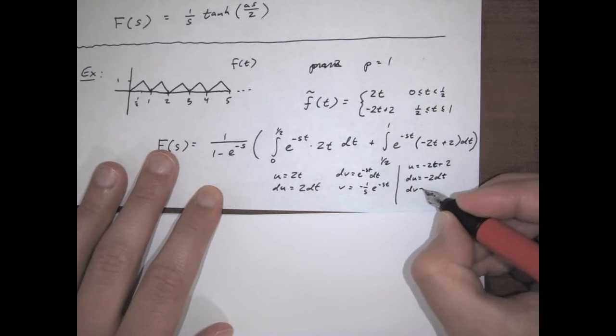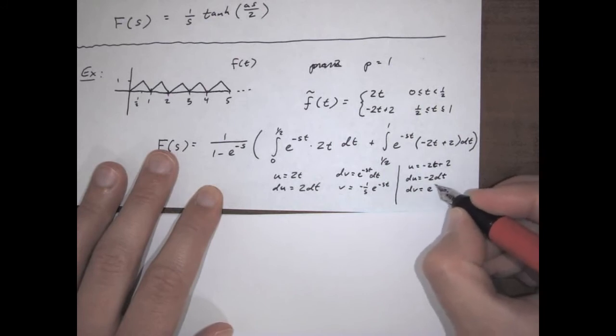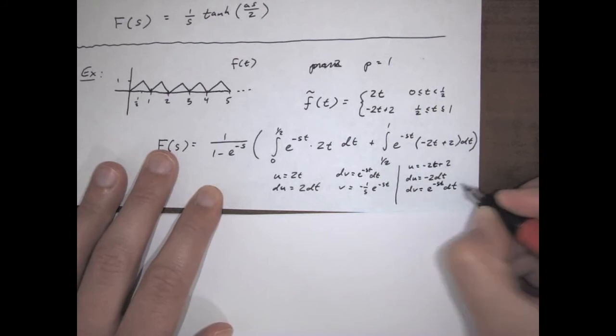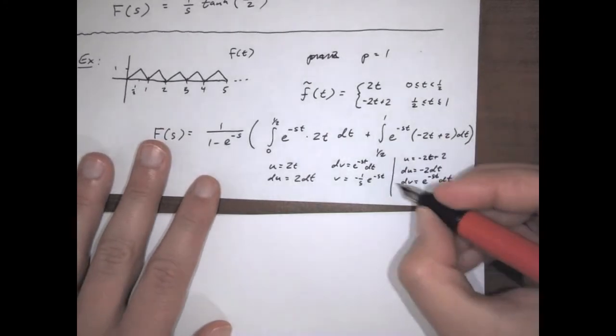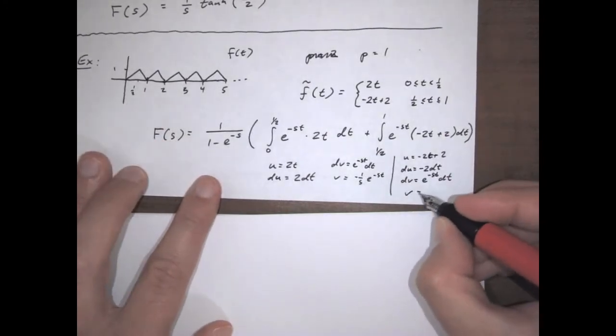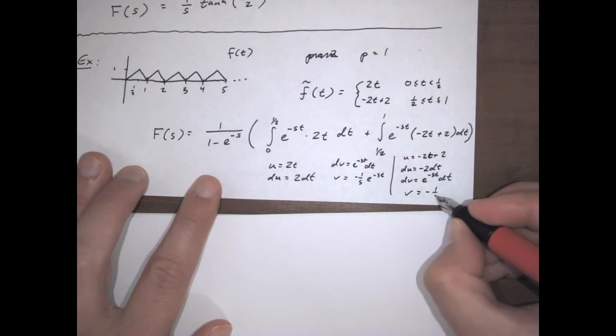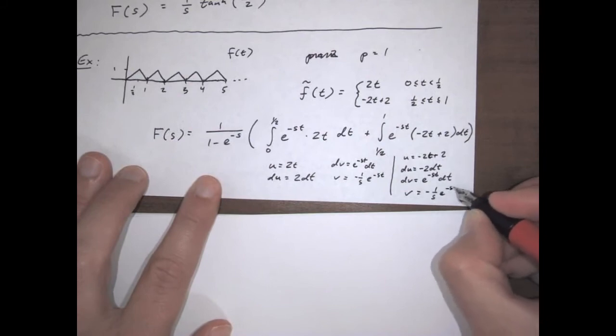My dv will be the same as before, e to the minus st dt, and my v correspondingly will be negative 1 over s e to the minus st.